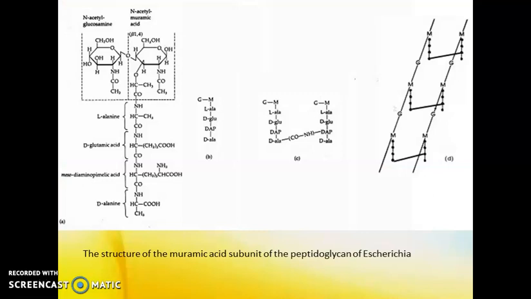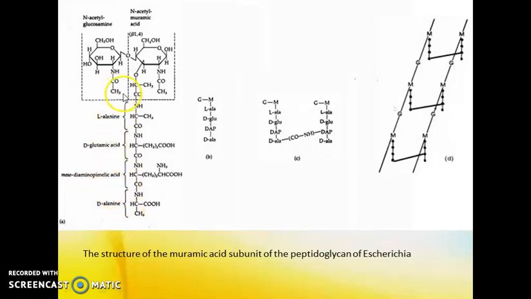So when we are discussing the peptidoglycan layer, this is the structure of what? The muramic acid subunit of a peptidoglycan. It consists of two sugars, N-acetylglucosamine and N-acetylmuramic acid, and these are joined by a pentapeptide of D-amino acids, that is D-glutamic acid, D-alanine, and meso-diaminopimelic acid.